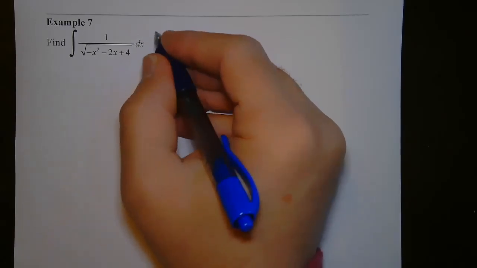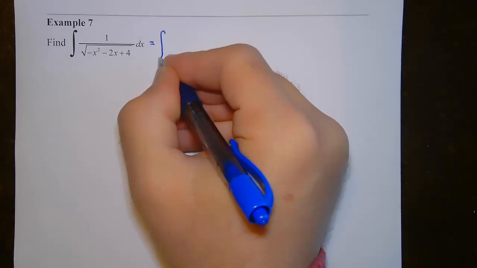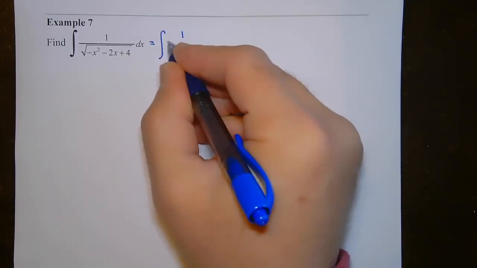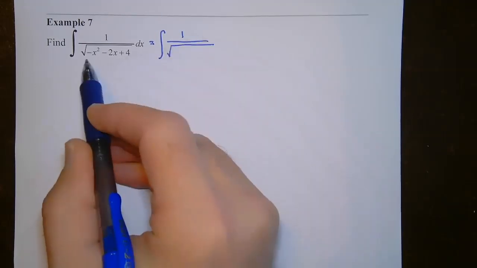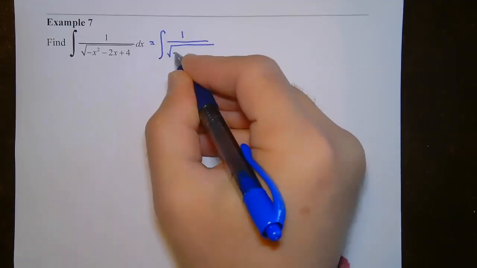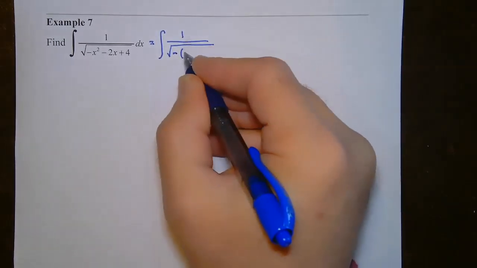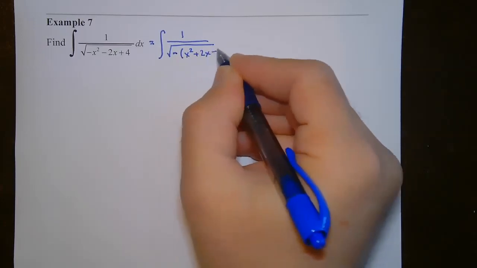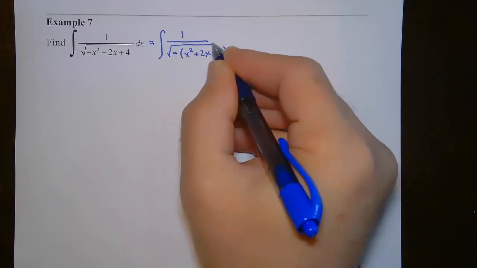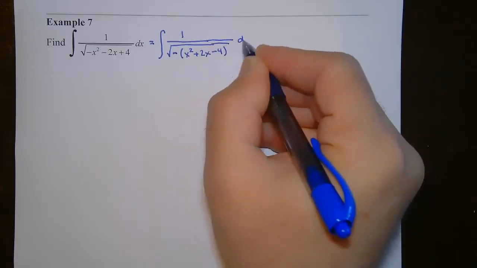So this is equivalent to the integral of 1 over the square root of, and here we factor out a negative 1, and then times x squared plus 2x minus 4, close the parenthesis, and then dx.